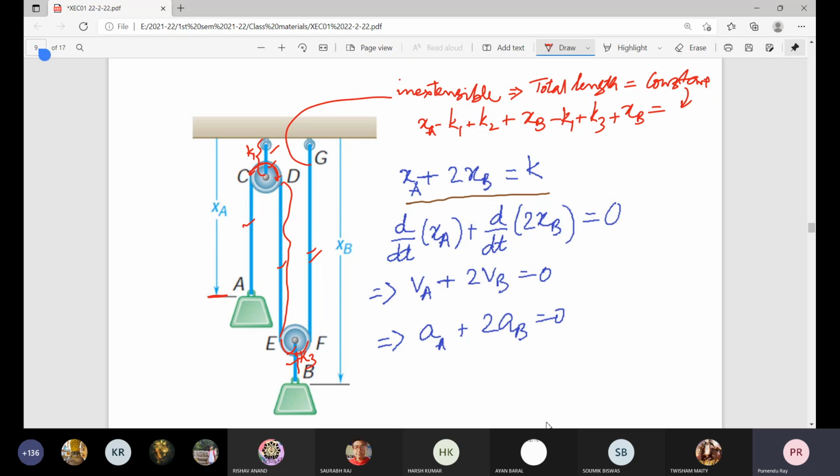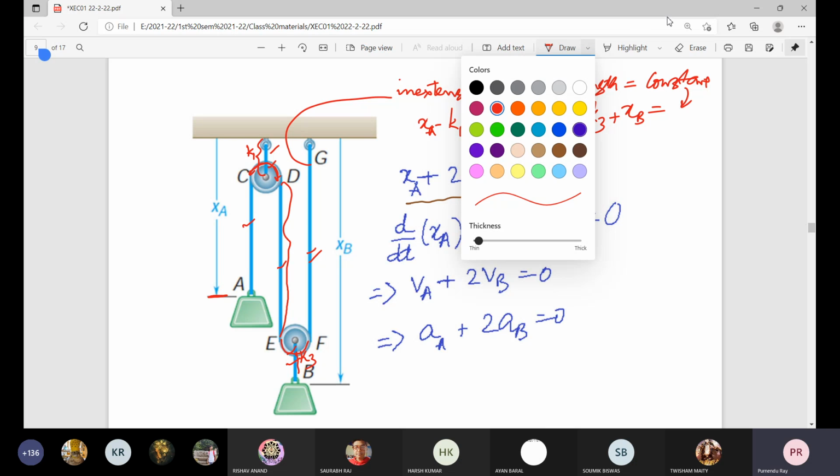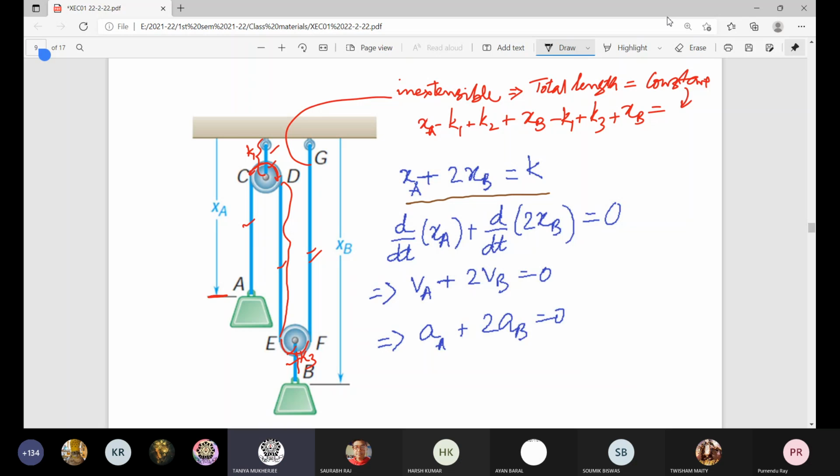That is the total length that is constant. Do you get my point? Sir, what is K2? K2 is this one, half perimeter of this pulley. So this length, this is XA minus K1 plus K2.